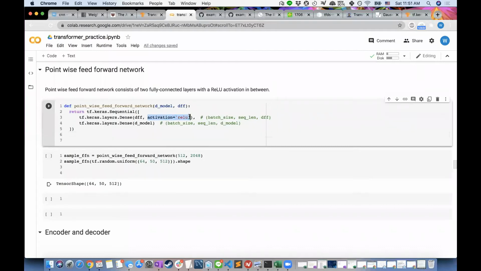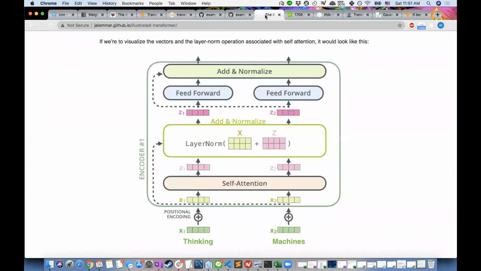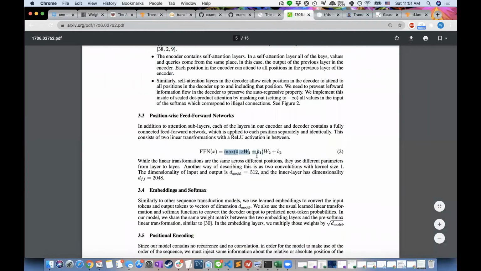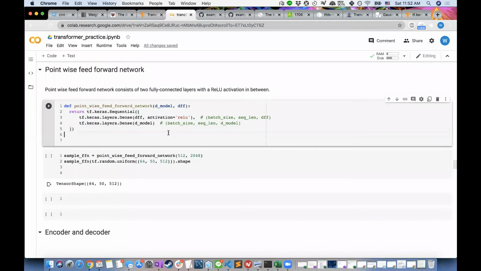And you just set activation as ReLU, okay? That's what max 0 does. And you pass into another dense layer, right? Another dense layer will allow you to do W2 plus b2. And that's what this is. Okay, so you literally just have your sequential 2 layers with the activation in between. And that's what it is.